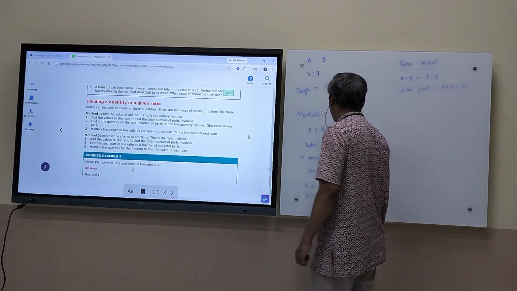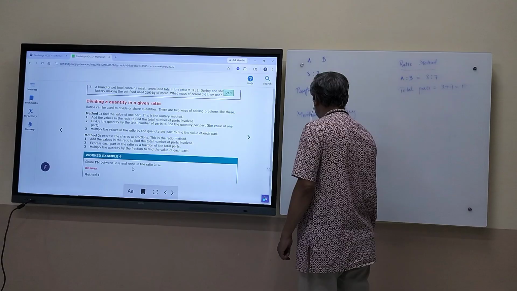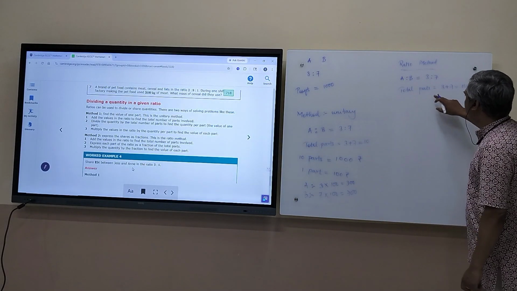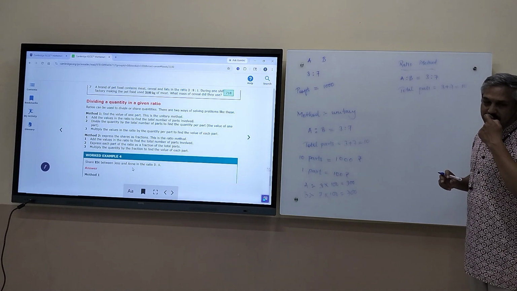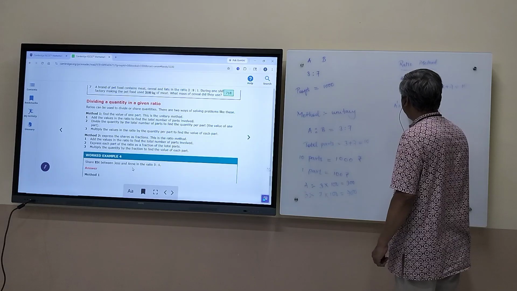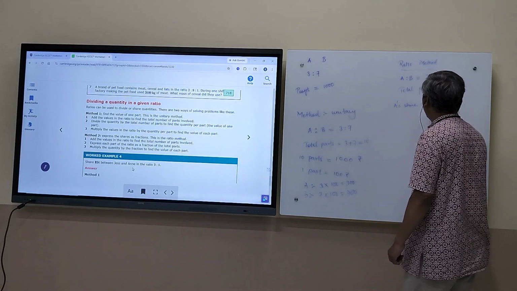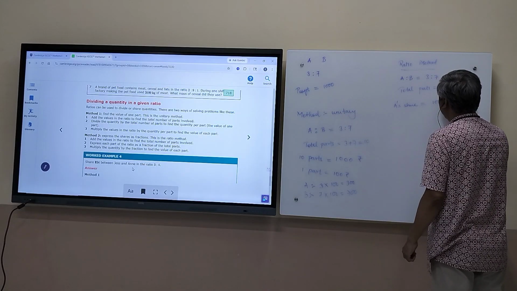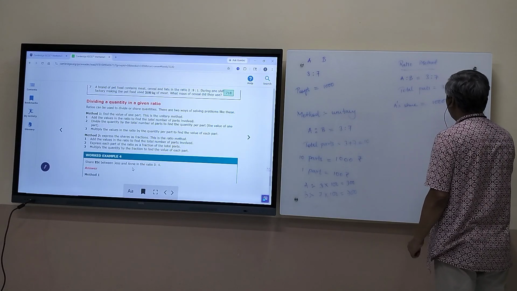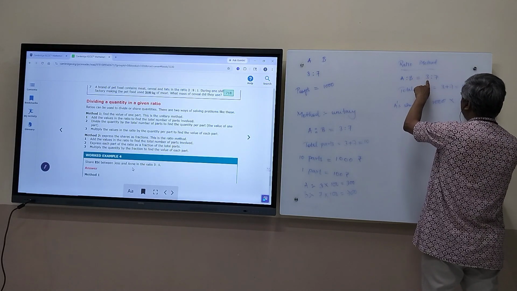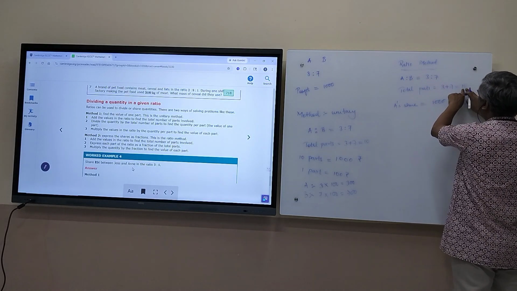Here we can write total parts, because this is the word used: total parts is equal to 3 plus 7, equal to 10. Then we say A's share of profit is equal to the total profit, 1000 rupees, into A's ratio, 3, divided by the total.